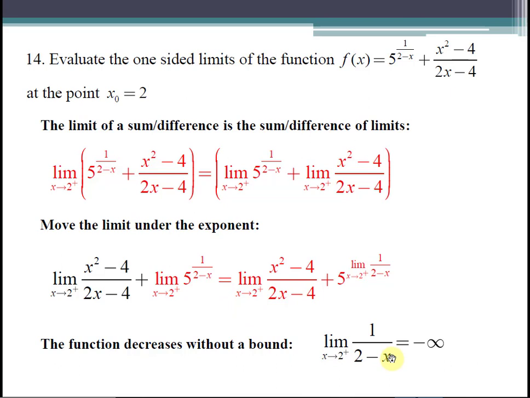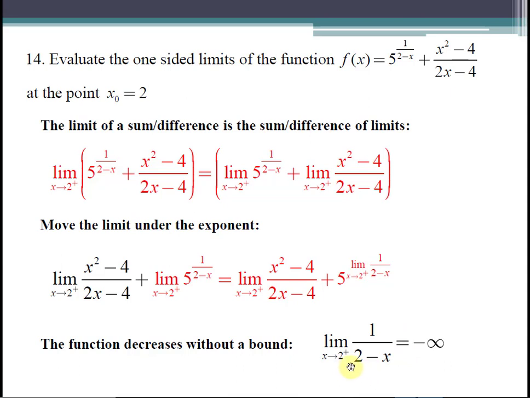Then this limit, as x tends to 2 plus, 1 over 2 minus x, it is decreasing, 1 over 2 minus x, and it tends to minus infinity because this is 2 plus. So it means in the right neighborhood of 2, it goes to minus infinity.